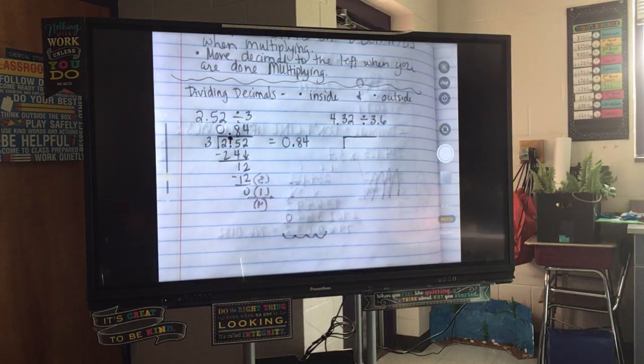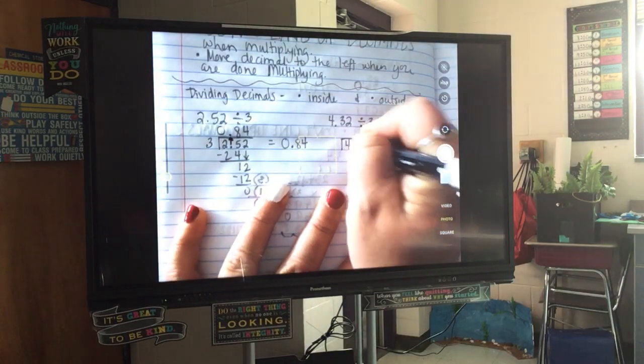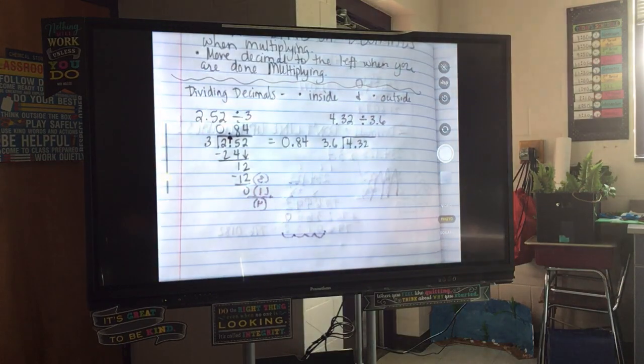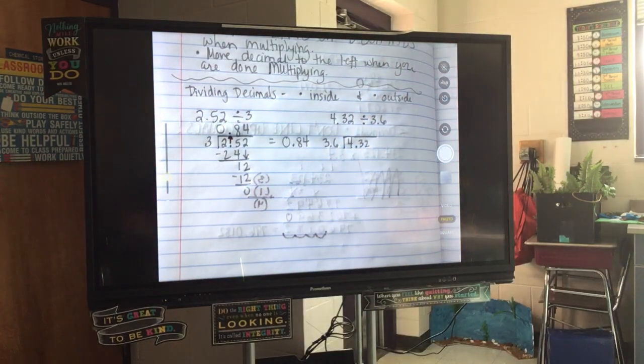Gabby? The 4 and 32 hundredths. Okay, and then this one goes on the outside. So I'm gonna move my decimal straight up on the number on the inside, correct? Why? That's what we did for the first one. Why aren't we doing it for this one, Ramon?